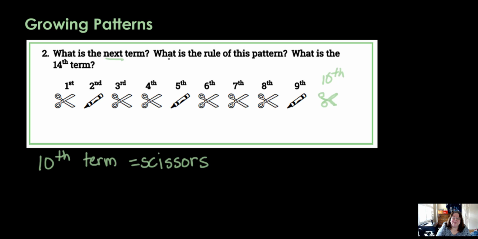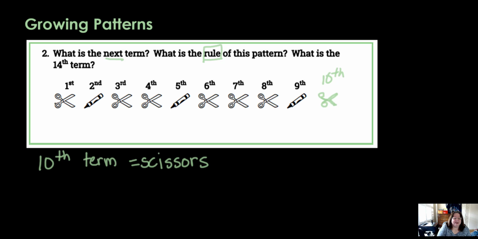Okay. What is the rule of this pattern? The rule is how the pattern grows. How do we know what's going to be next?